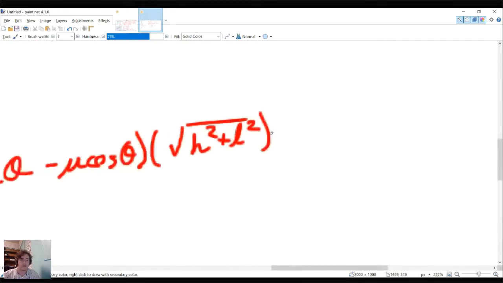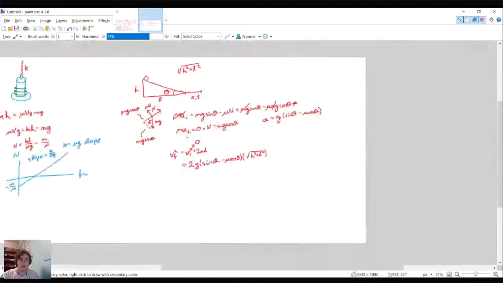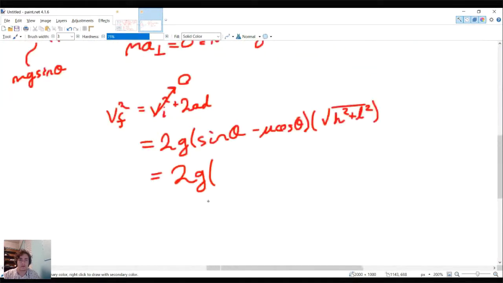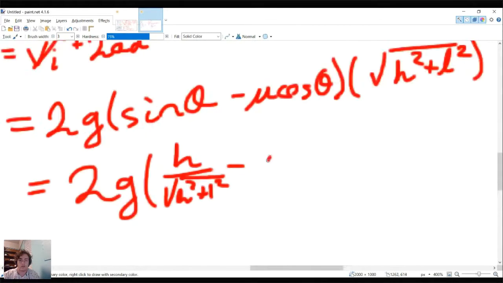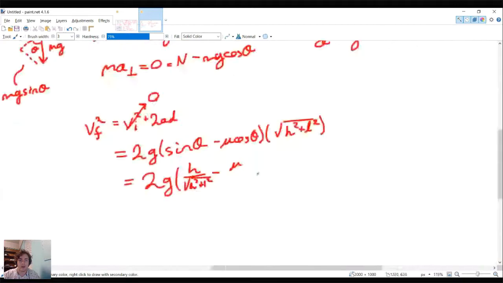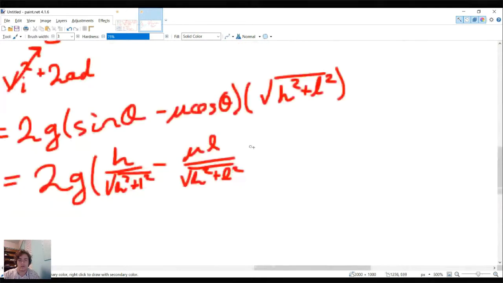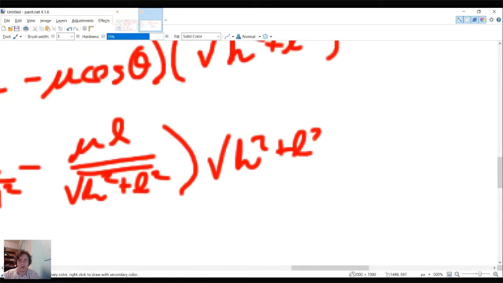And there's some nice cancellations here. We have sine theta being opposite over hypotenuse. So we have 2g, sine theta is opposite over hypotenuse, which is h over square root h squared plus l squared, minus mu cosine theta, where cosine theta is adjacent over hypotenuse, which is l over square root h squared plus l squared, times square root h squared plus l squared.